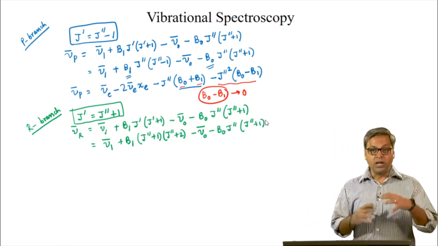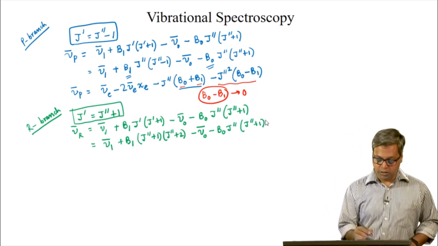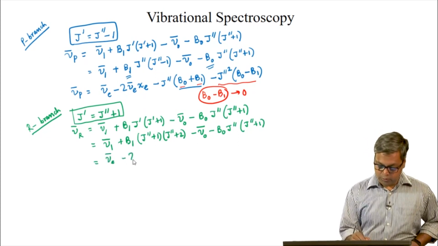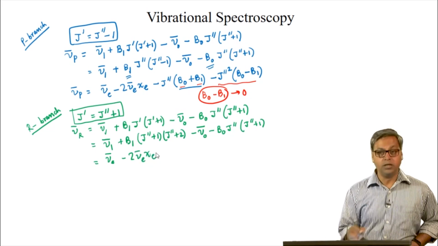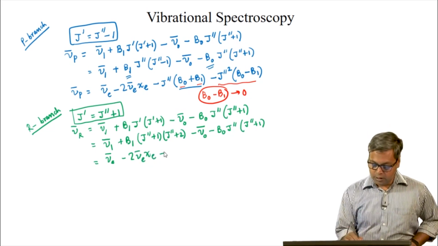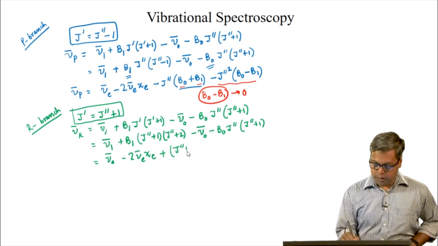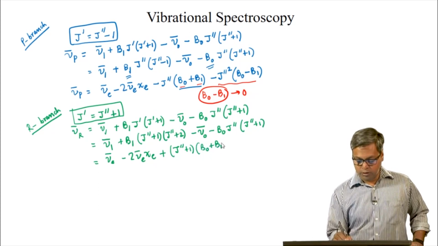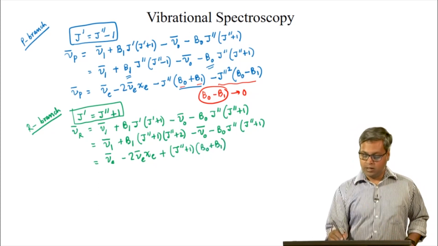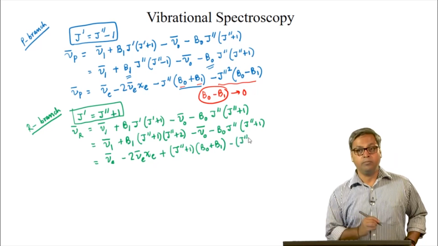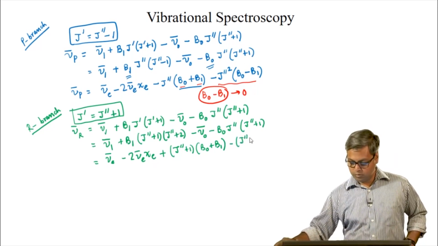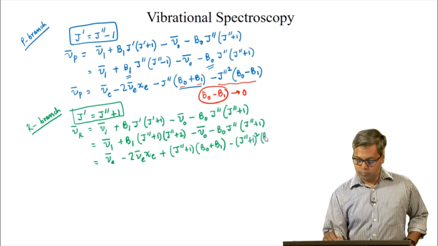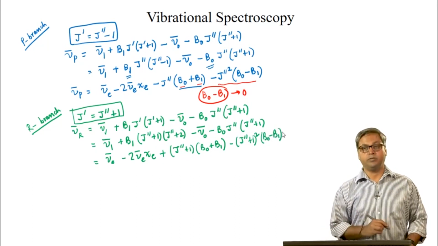And if we rearrange this expression, we can further write this as nu bar e minus 2 nu bar e chi e, then I have a plus J double prime plus 1 times the B 0 plus B 1 term, and then I have a J double prime plus 1 whole squared times the B 0 minus B 1 term.